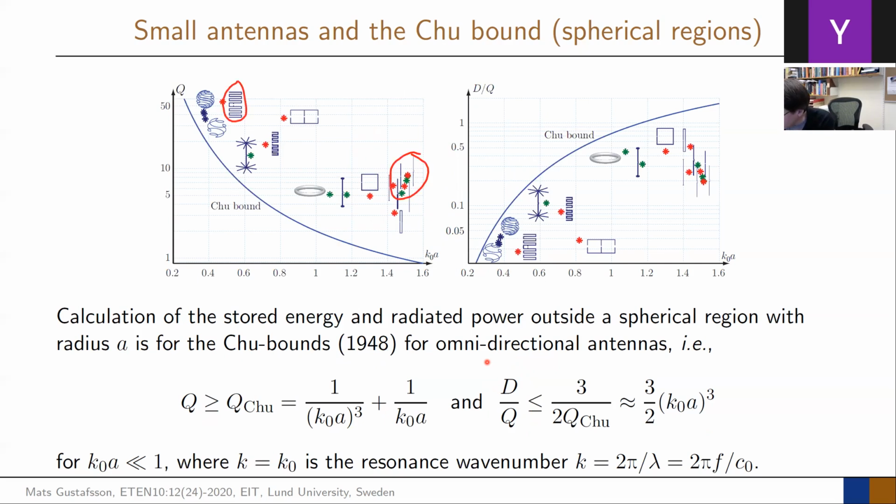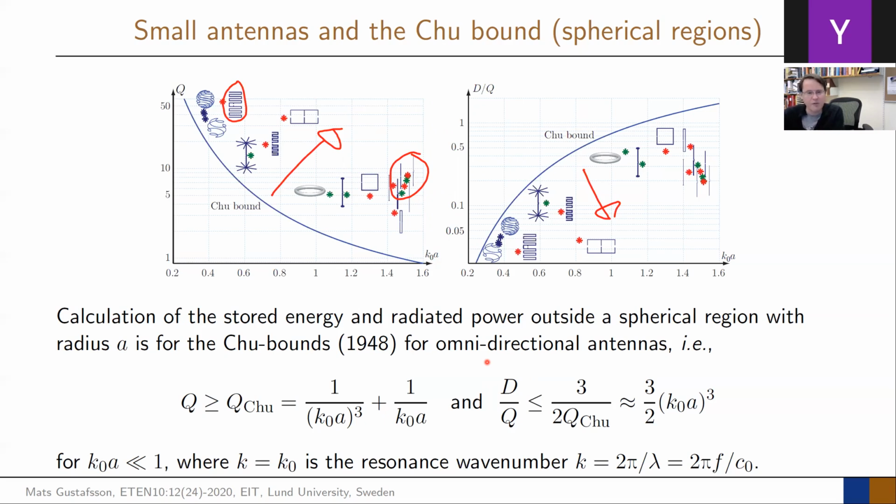Here you can see some meander lines and some other shapes. You can all see that they are on this side of this line. And if you look at the D over Q, then you divide it, so they are on this side of it. There have been a lot of checks of this and where the antennas are, and you can see they are not too far away from it, sometimes a factor of 10 or so, but they are fairly close to it.